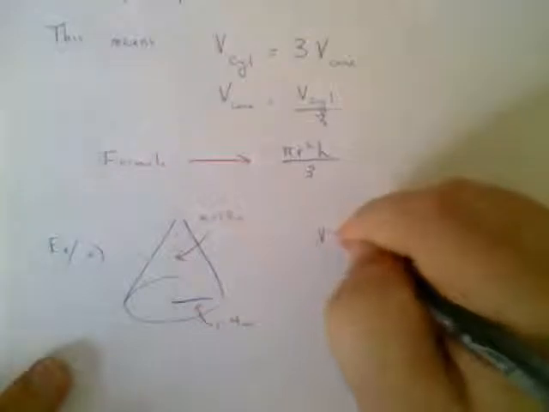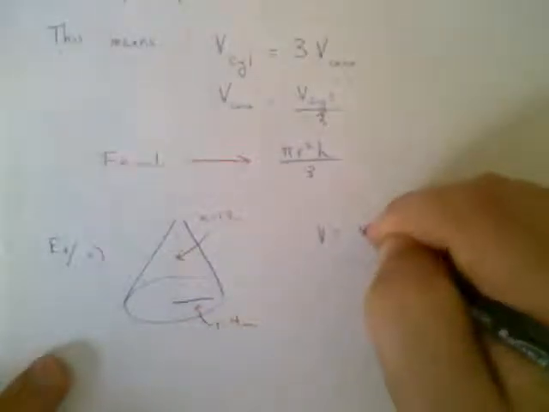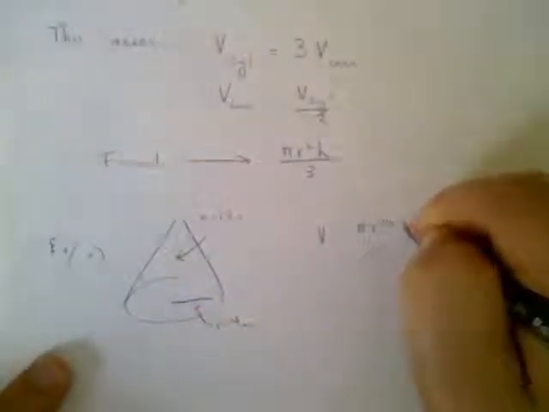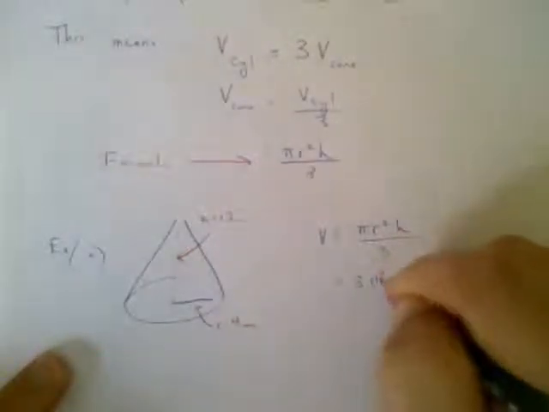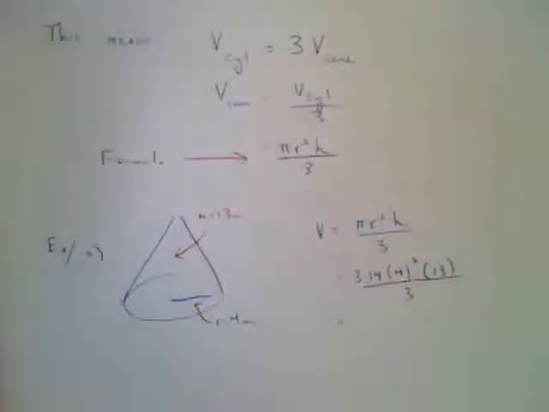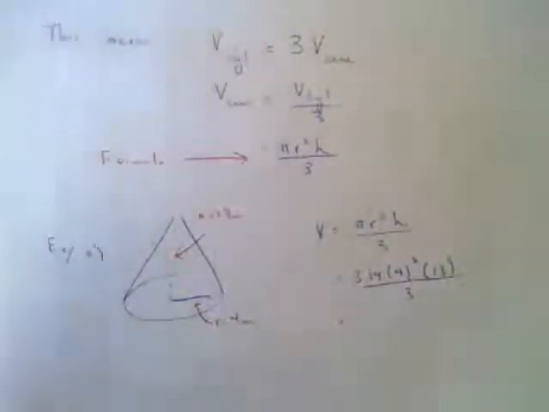We're just going to apply our nice shiny new formula. Volume equals pi r squared h divided by 3. Plug in what we know. 3.14 times 4 squared times 13 divided by 3. And this is actually pretty straightforward to do in one step on your calculator.